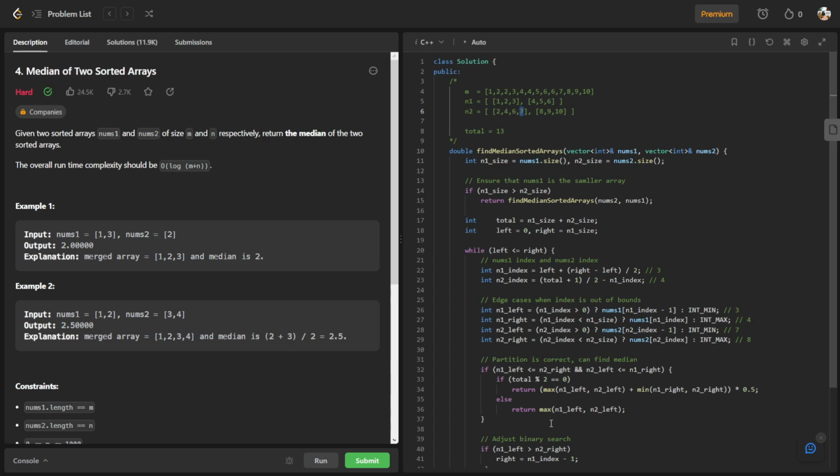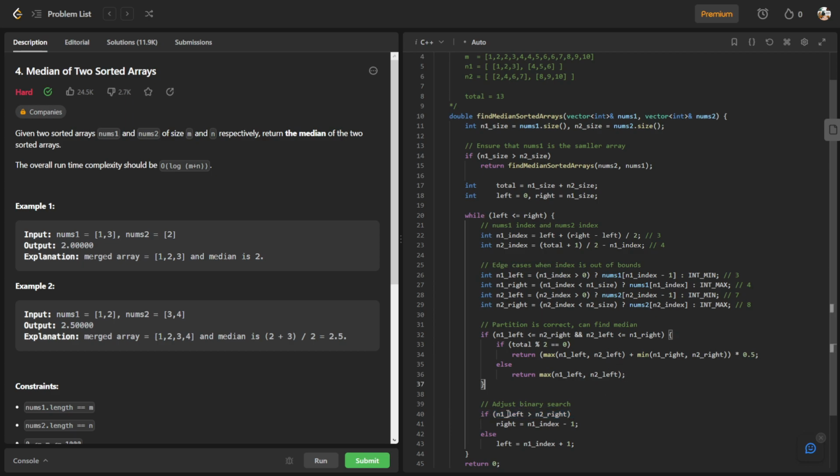Okay, and when that happens, we check whether or not n1 left, which is this number, is more than n2 right, right? It's not, right? So that means the left pointer has to move up.